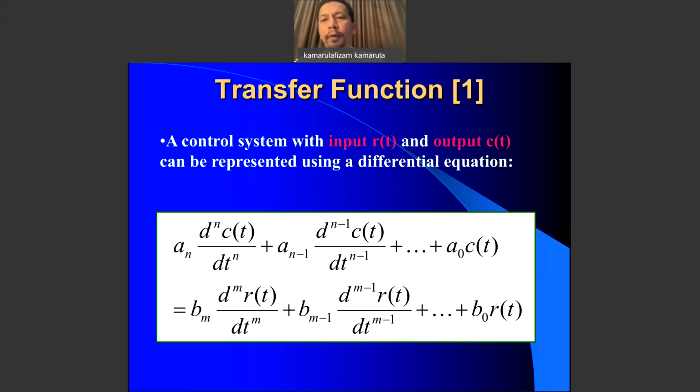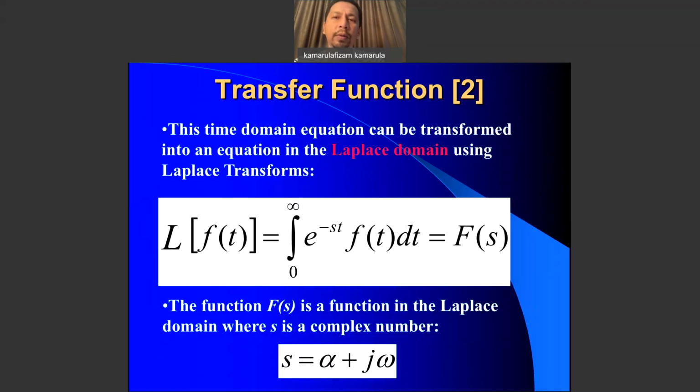So if you have a control system with a lot of orders, this equation is going to be very, very long. And what we normally do is transform the equation into the Laplace domain. For example, in this case, the whole equation can be simply represented by F of s.